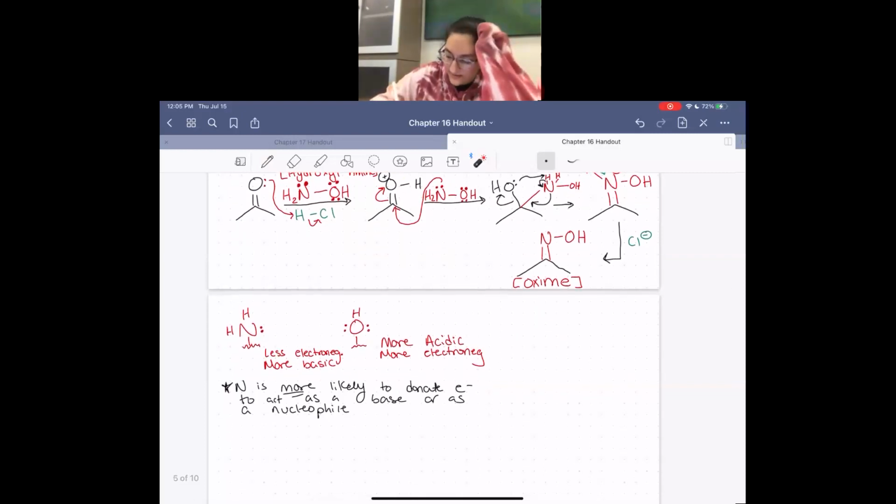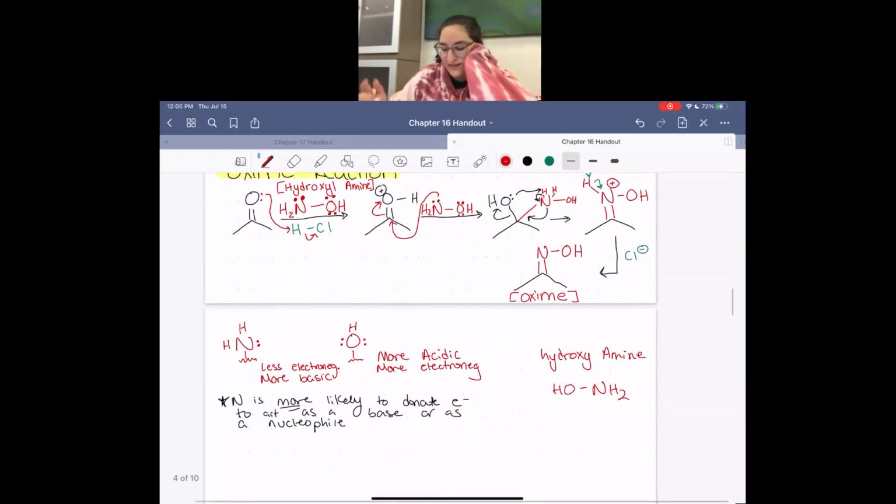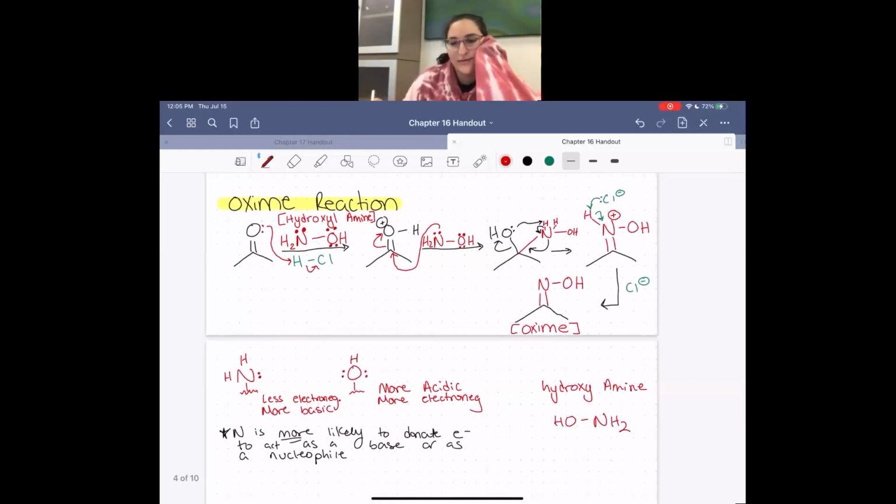So a hydroxylamine is anything that looks like HO, the hydroxyl, attached to an amine. And that's going to be the nucleophile in this reaction.